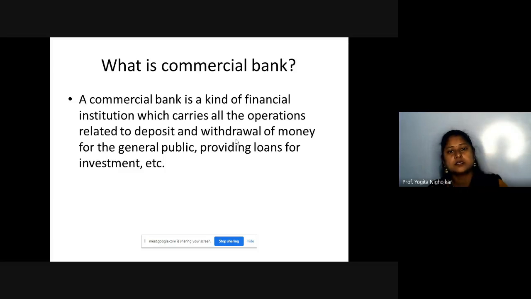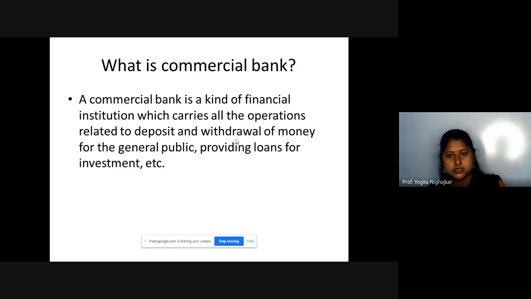See, some types of commercial banks. There are three types of commercial banks. First is private bank, second public bank, and then foreign bank. What is a private bank? It is one type of commercial bank where private individuals and businesses own a majority of the share capital.